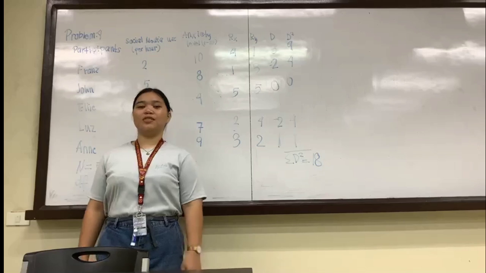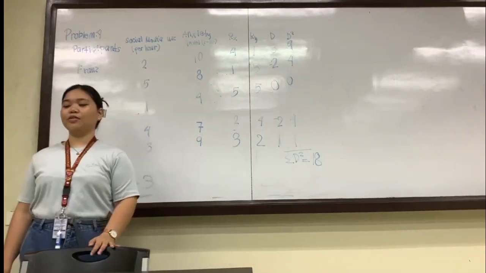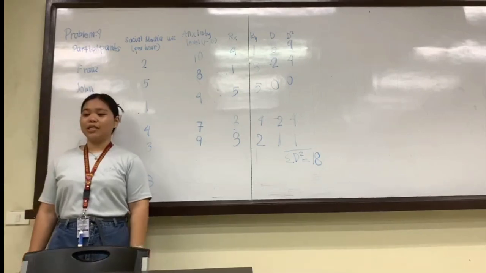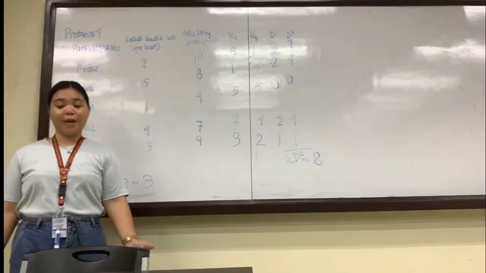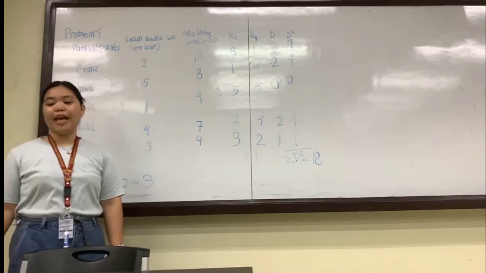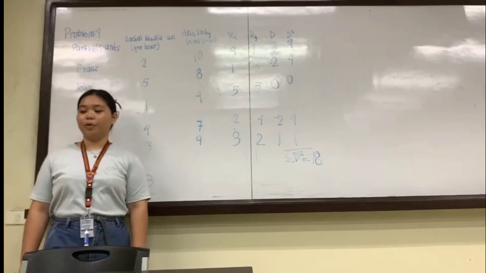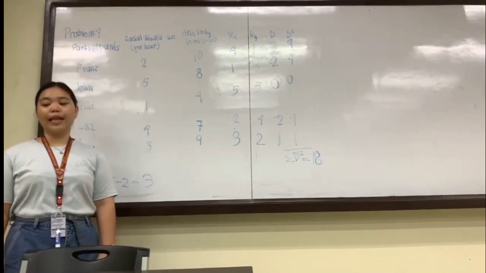So let's proceed to our problem number 4. At the 0.025 significance level, a psychologist is investigating whether the amount of time people spend on social media per day has any relationship with their self-reported anxiety level on a scale of 1 to 10.